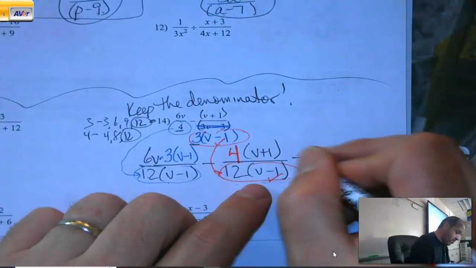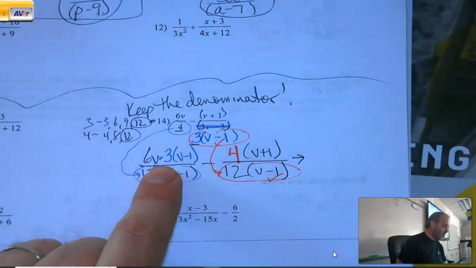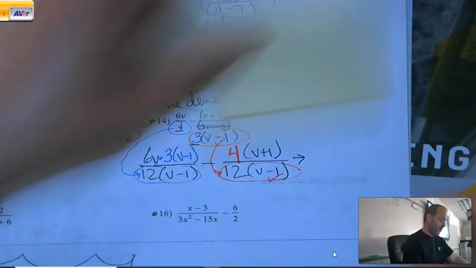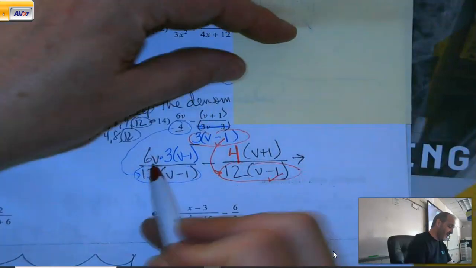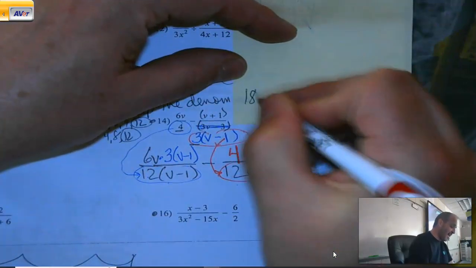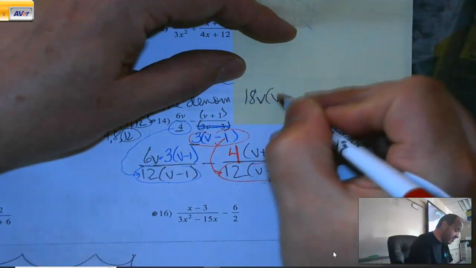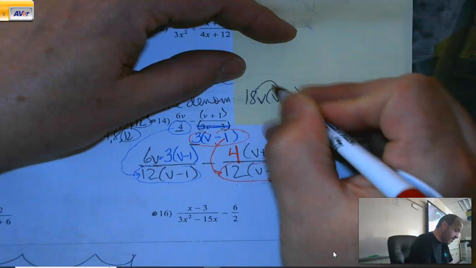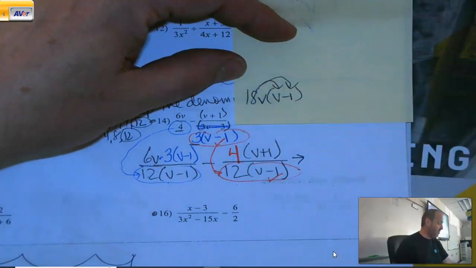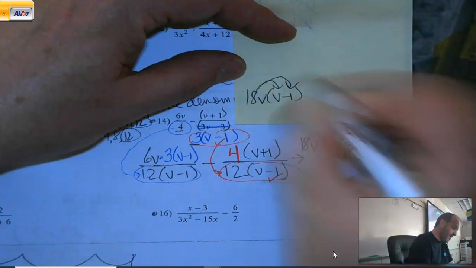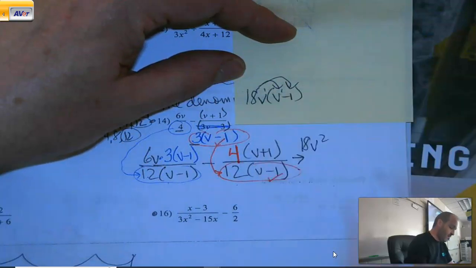So, let's see what we got left now. You're like, how am I supposed to do this? Suggestion, I'm going to do a little side work here. 6v times 3 is 18v. I'd do that first before I distribute it. v times v, v squared.